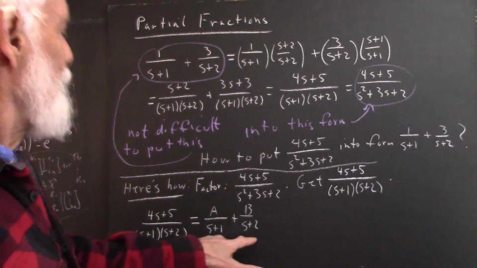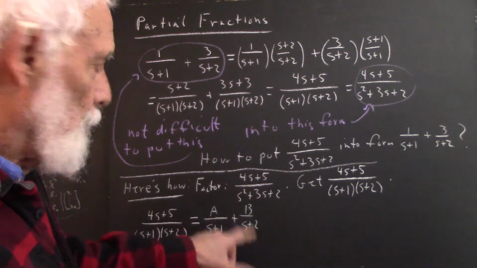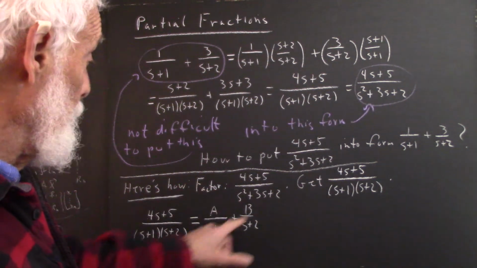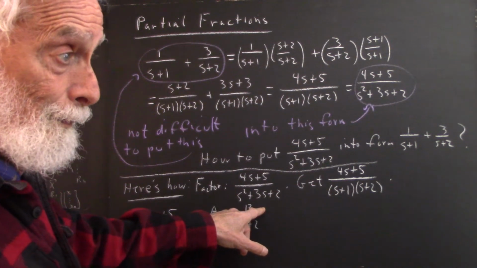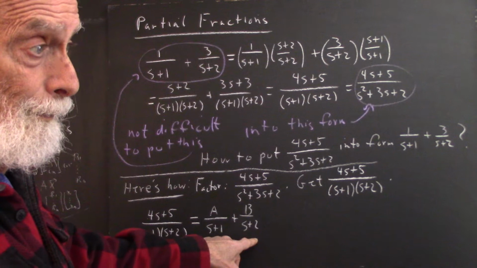Because I know that if I have this form, I can put it over a common denominator. I'm going to have an a times s plus 2 and a b times s plus 1. And my denominator is going to be s plus 1 times s plus 2.